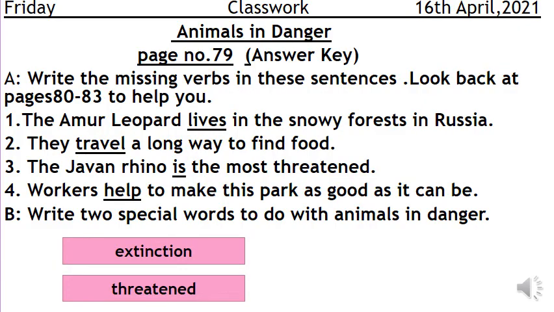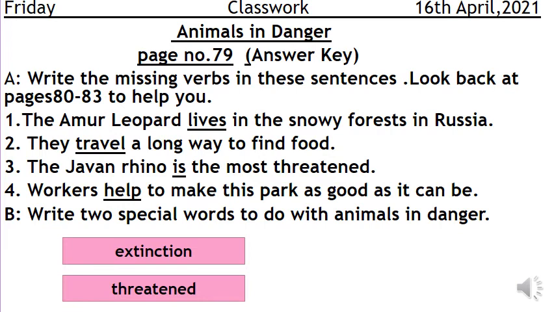Now, it's time to check your answers of page number 79. Write the missing verbs in these sentences. Look back at pages 80 till 83 to help you. Number 1. The armor leopard lives in the snowy forest in Russia. Number 2 is they travel a long way to find food. Number 3. The Javan rhino is the most threatened. Number 4.